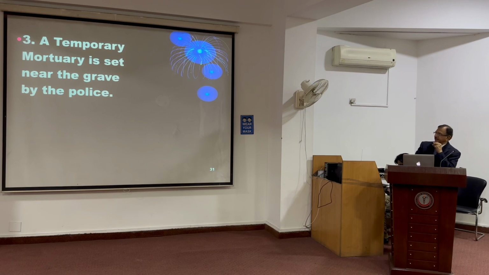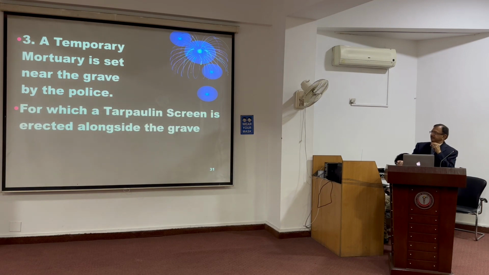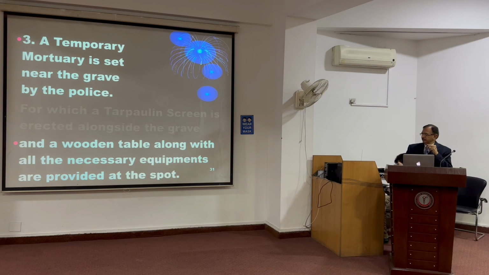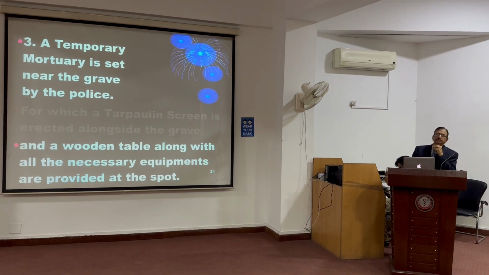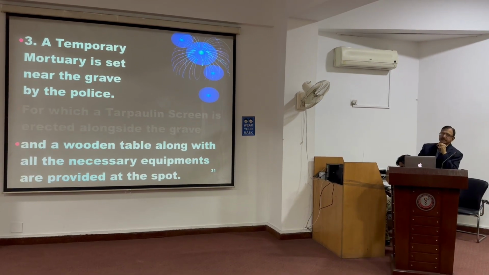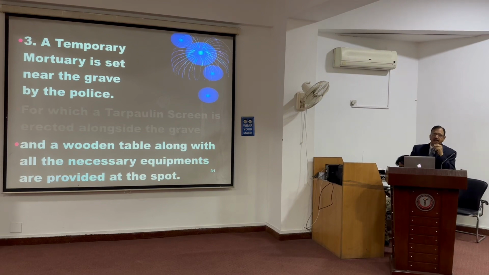So a temporary mortuary is set by the police, and which is usually by the tarpaulin, which is put up as a screen, and a wooden board, which is usually for the washing of the dead body after death. That wooden board is provided. Temporary mortuary is established near the grave.